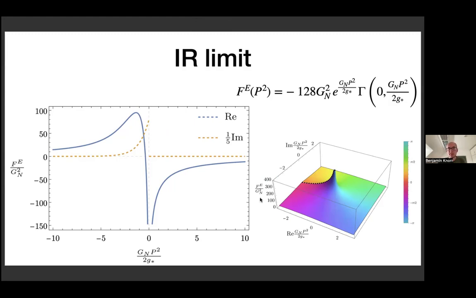And you see that really the only feature that you have is a branch cut that is indicated by this black dashed line on the negative real axis. So the observation is this function is analytic except for a branch cut on the negative real axis, which means I can do a Wick rotation. So I can actually use this function for scattering. Great. And it has exactly the right branch cut that you expect from a massless theory. Also great.